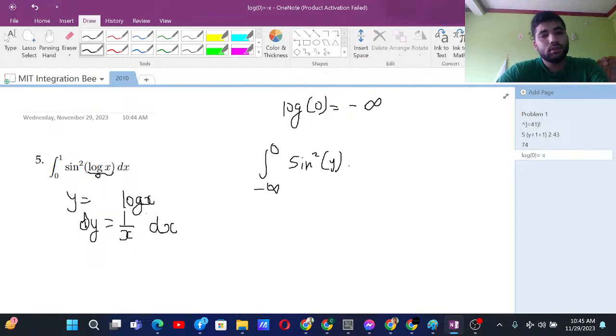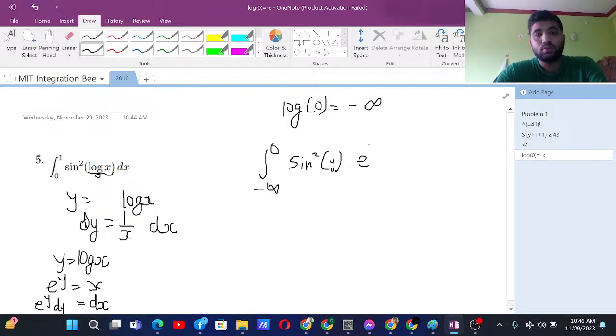But we cannot really write x dy in place of dx, because we are going into the world of y, and still having x dy per dx doesn't really help us. So we will make a conversion here. We'll use the fact that this can be changed into e to the power y equals x, and then e to the power y dy equals dx. So dx equals e to the power y dy.